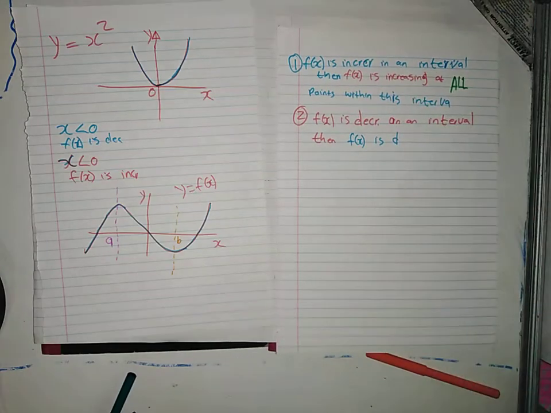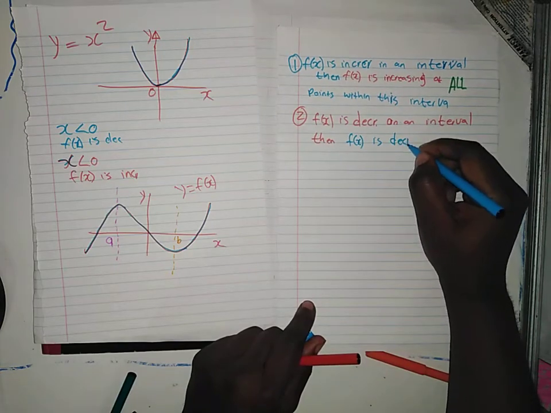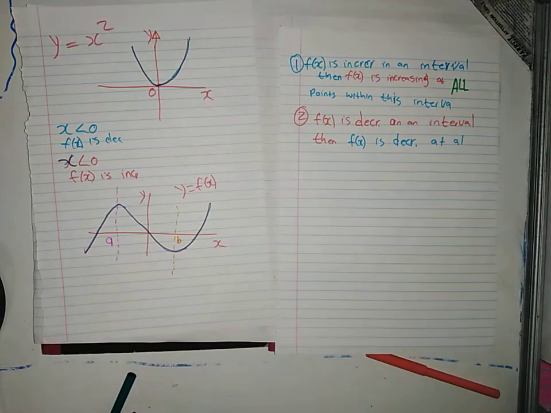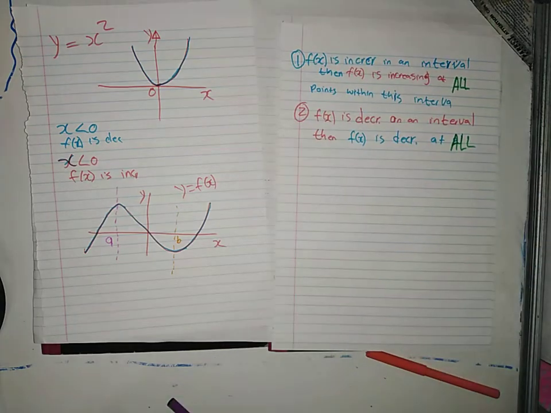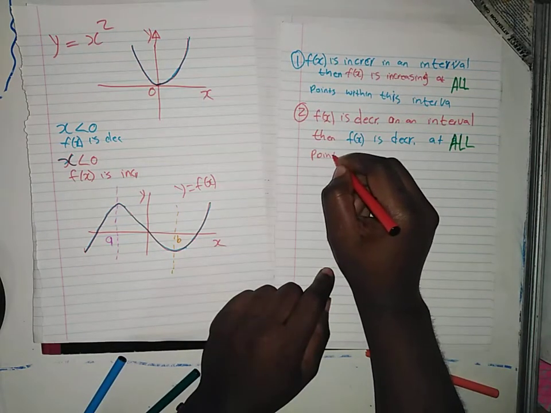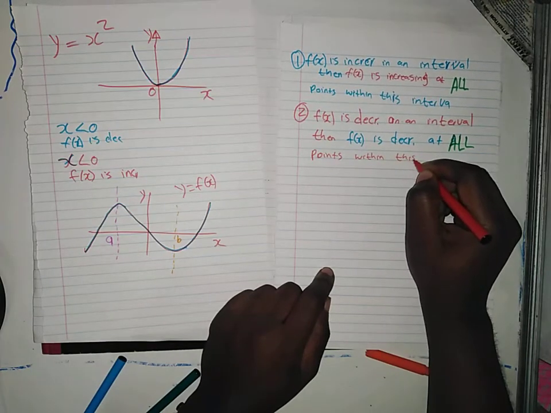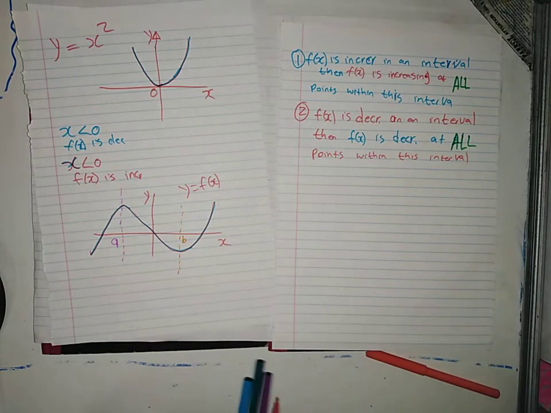So f at x is decreasing at all points in this interval. I'm writing this in English so that you can see and understand it clearly.